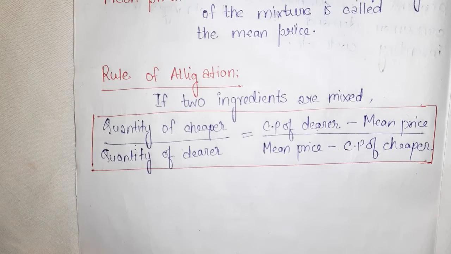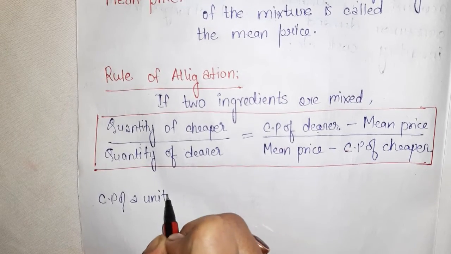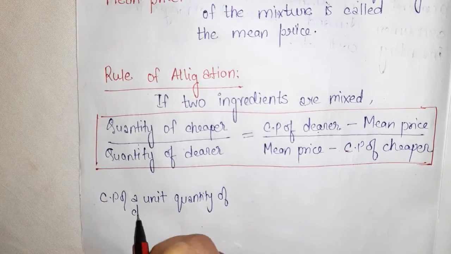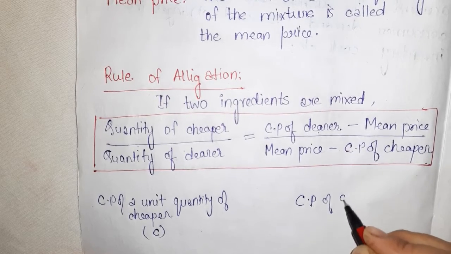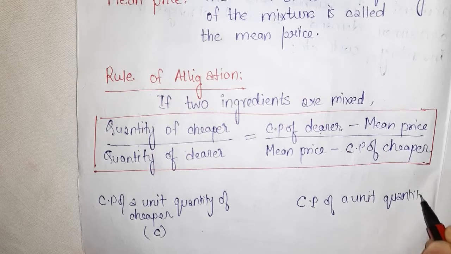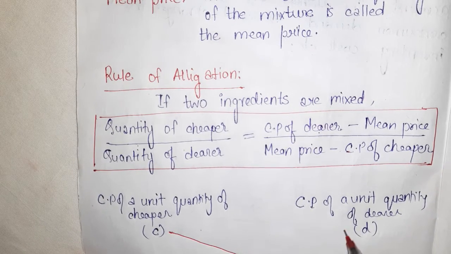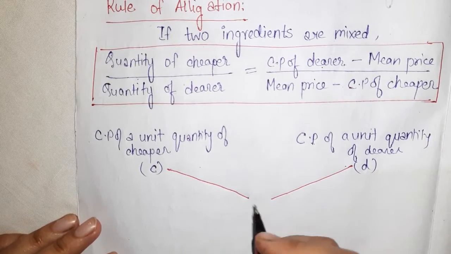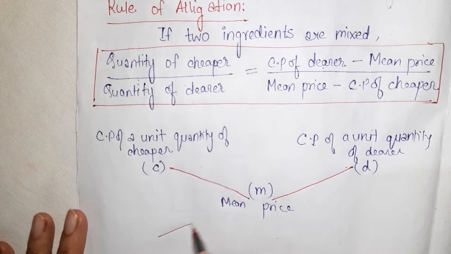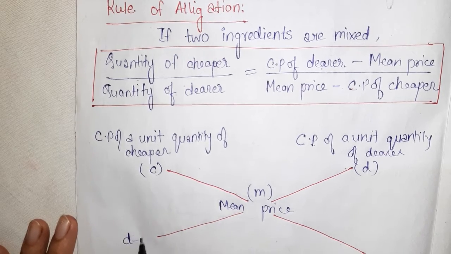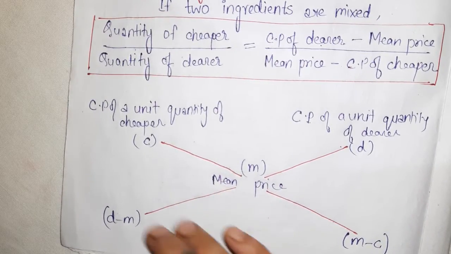You can write it as CP of a unit quantity of cheaper one, you can take it as C. Here CP of a unit quantity of dearer, we take it as D. Then here we take the mean price, we take it as small m, and now it is D minus m, and m minus C. Okay, so in this way, if you write from the question, it becomes easier for you to calculate.